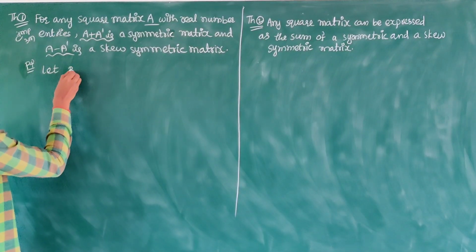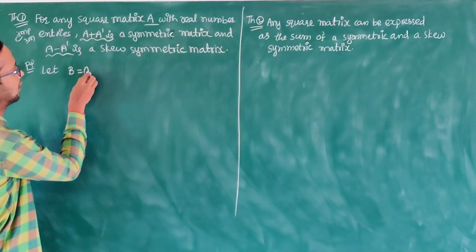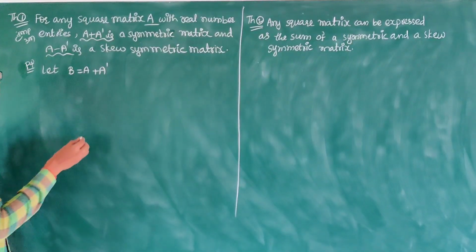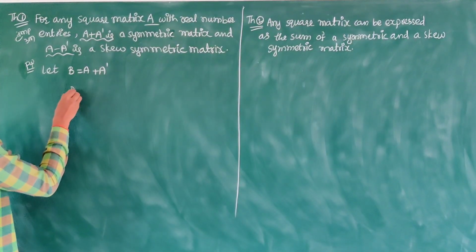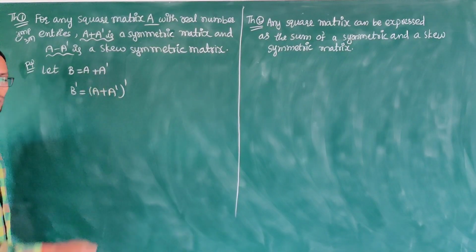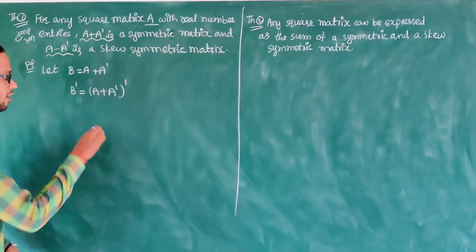Let B be a matrix, that is A plus A dash. I'll simplify this. Taking transpose on both sides, B dash is equal to (A plus A dash) whole dash.